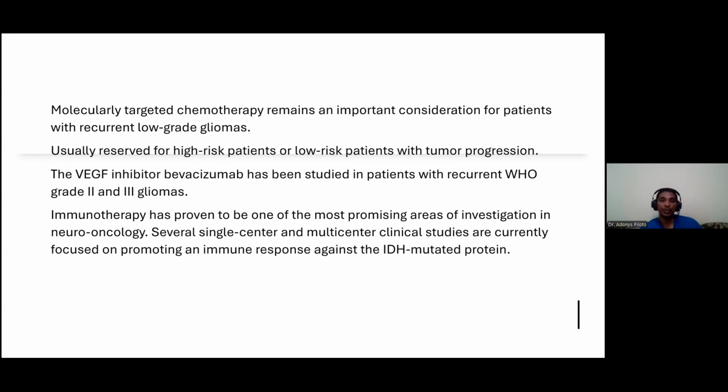Immunotherapy has proven to be one of the most promising areas of investigation in neuro-oncology. Several single-center and multi-center clinical studies have currently focused on promoting an immune response against the IDH mutant protein.